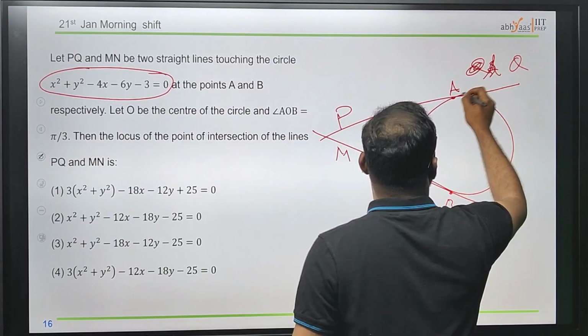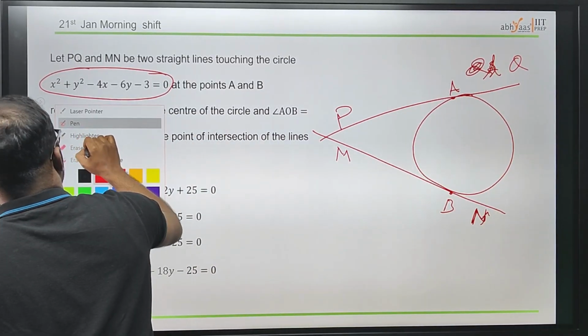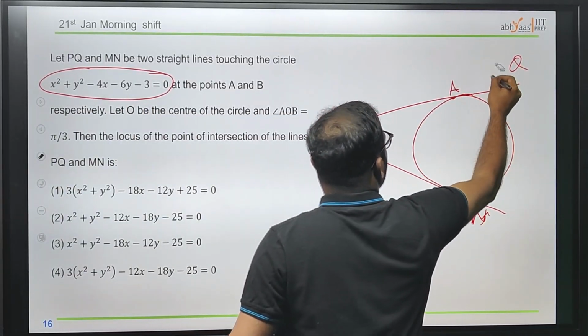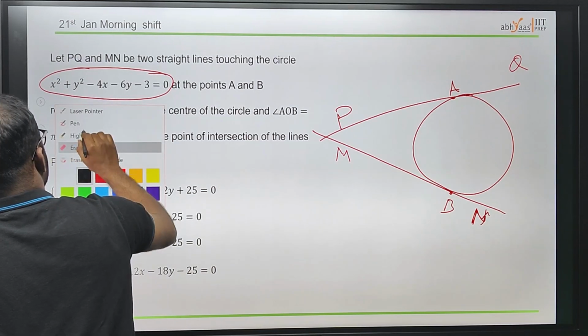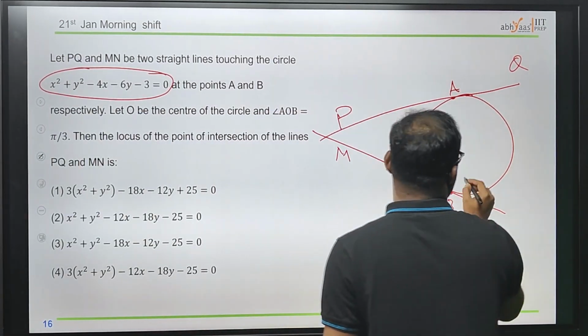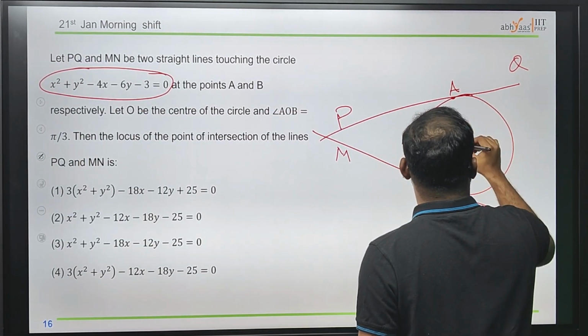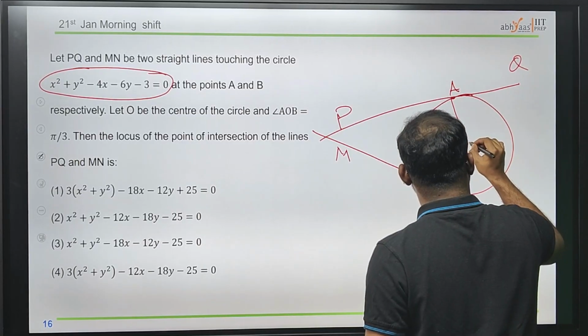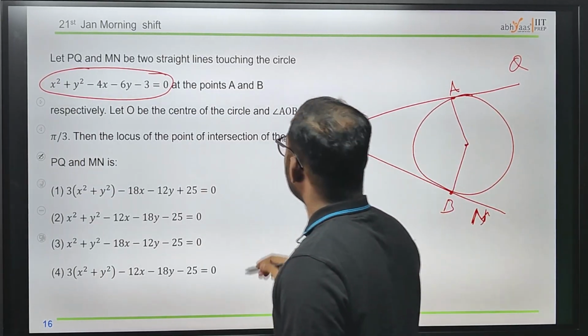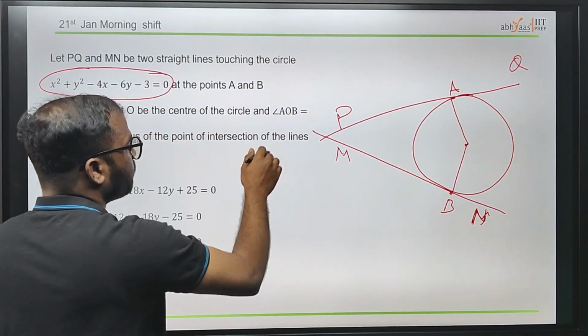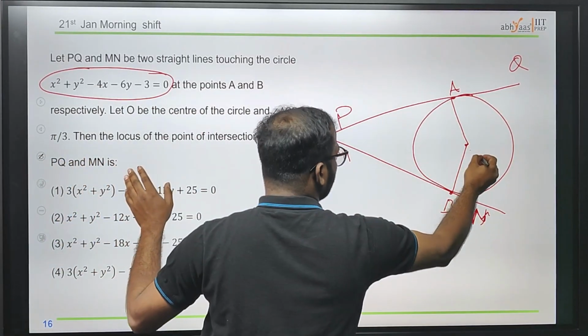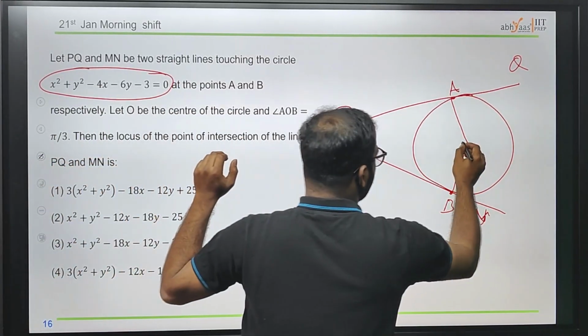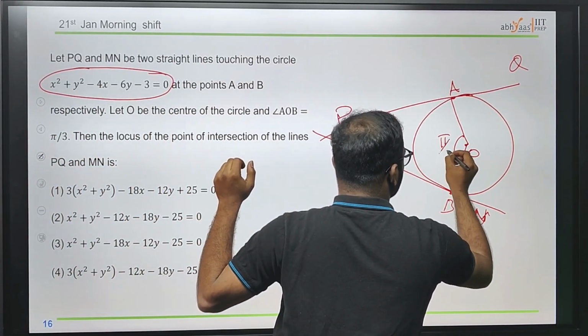Here we have A, and a point here. Now the angle in this triangle AOB, where this is our center, is pi by 3.